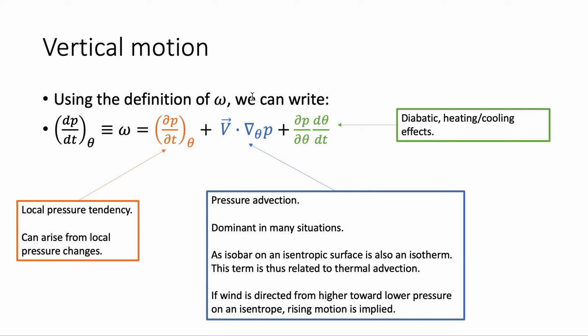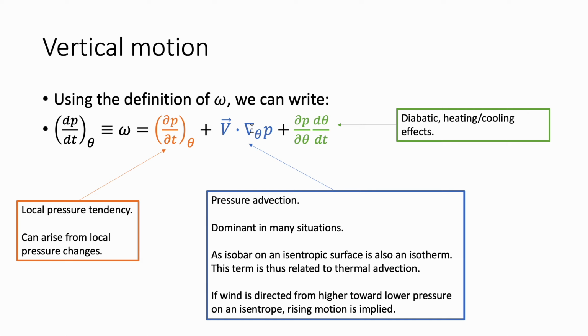So in particular, if wind is directed from higher toward lower pressure on an isentrope, then there's going to be a rising motion. If wind is going from lower pressure toward higher pressure, then there's going to be descent.